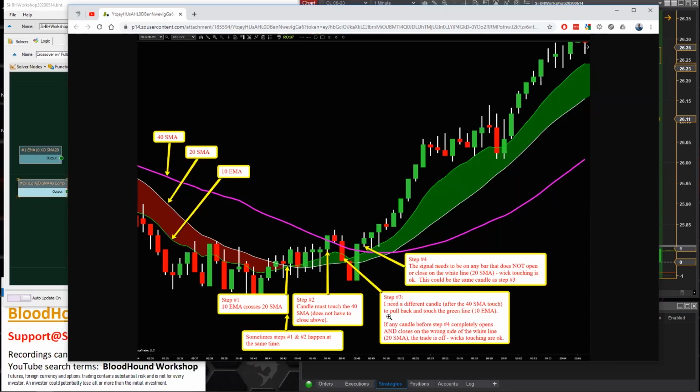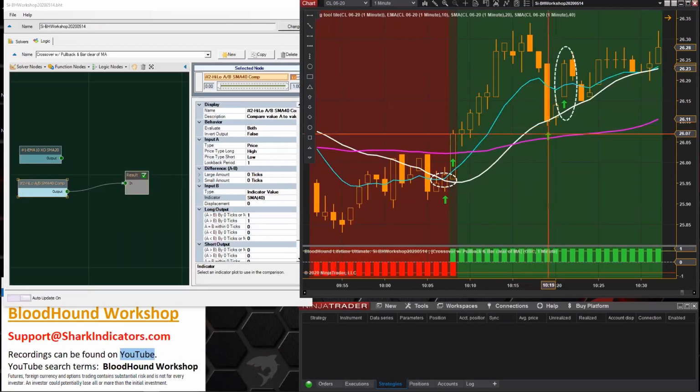But the important thing we can do now is we need a pullback, or basically the bar needs to now touch the EMA 10, our blue moving average. So we need a bar touching the blue, and that would be this bar here, our third green arrow.